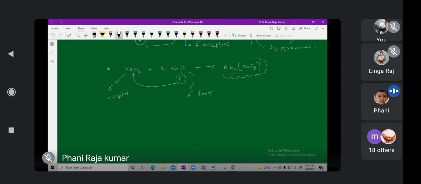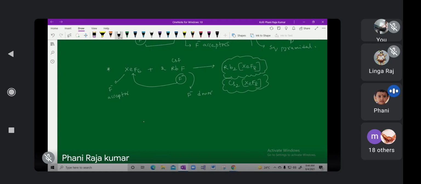Now please highlight this compound Rb2XeF8. Two compounds we have with this formula: CsF gives Cs2XeF8.